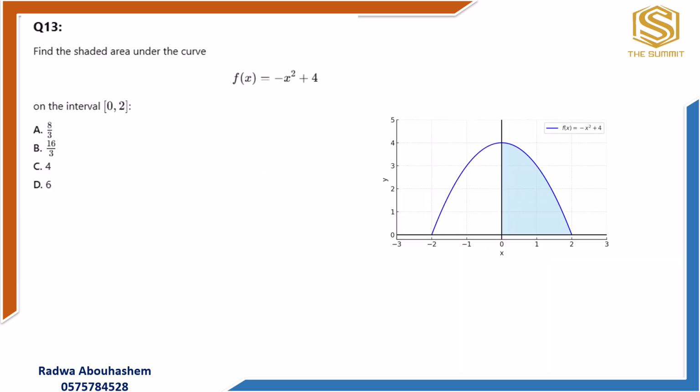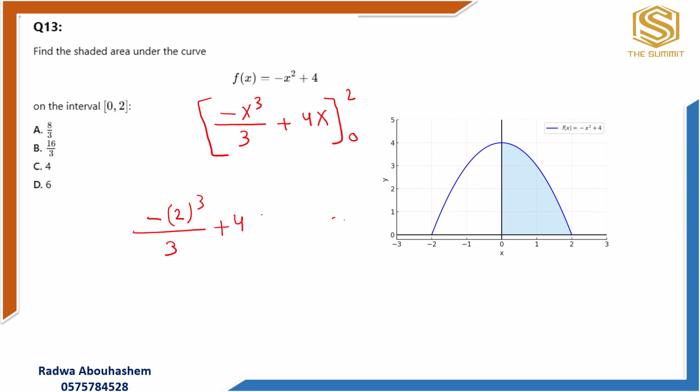Find the shaded area under the curve. Good, let's take the shaded area. This means you have to take the definite integration. So let's take the antiderivative. It would be negative x power 3 over 3 plus 4x. But I have to put the interval and substitute. So it would be negative 2 power 3 over 3 plus 4 times 2.